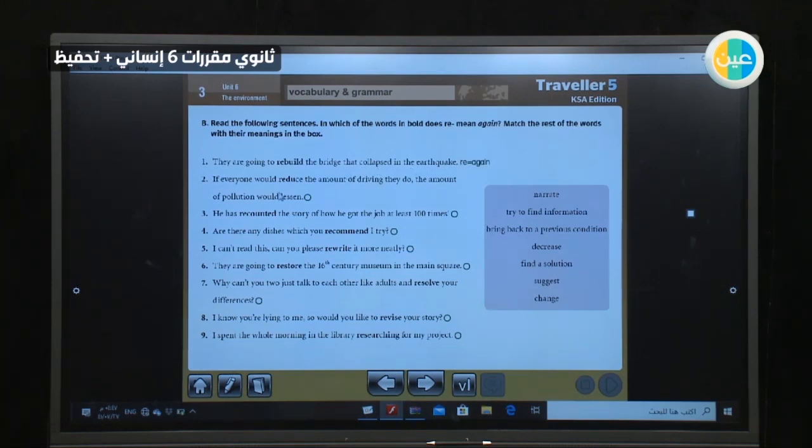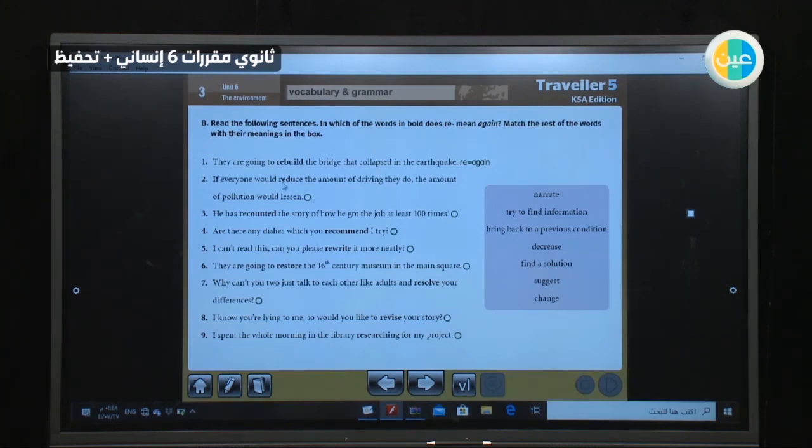If everyone would reduce the amount of driving they do, the amount of pollution would be less. Listen. Okay, so what does it mean here, reduce?